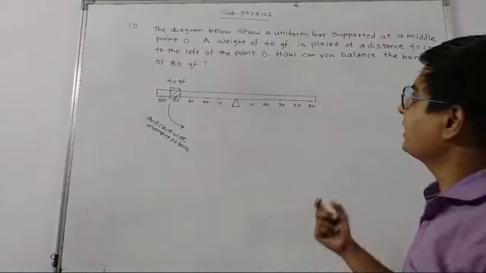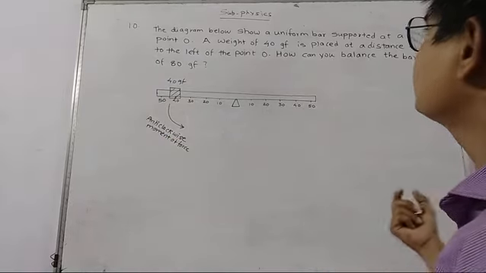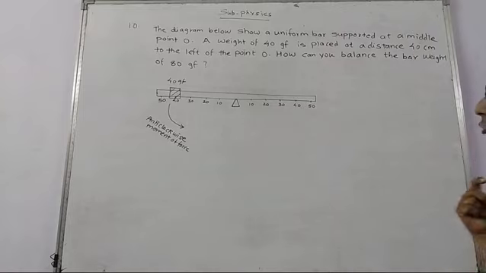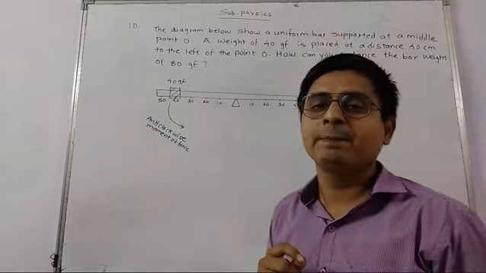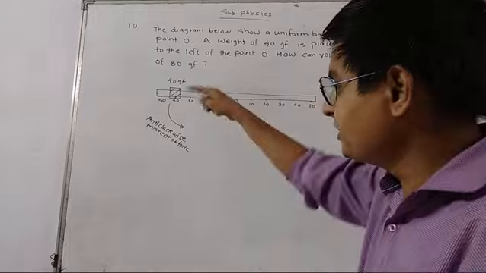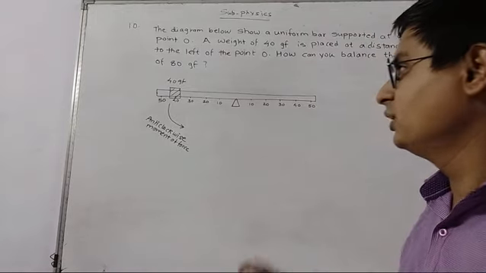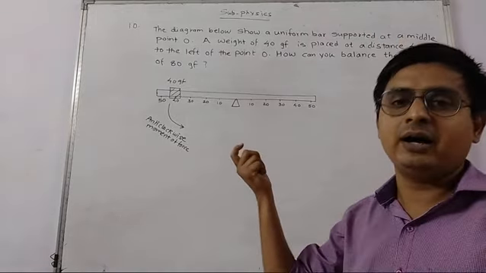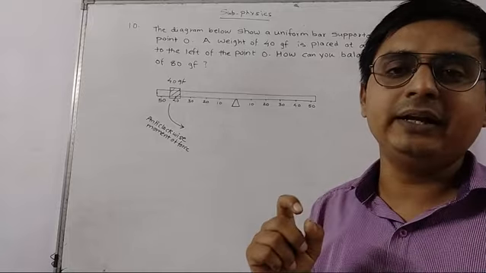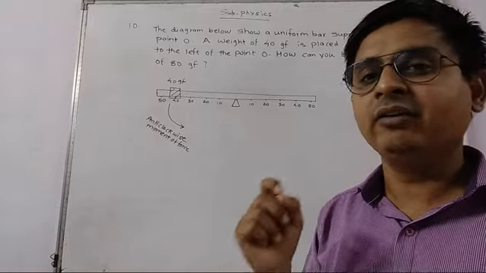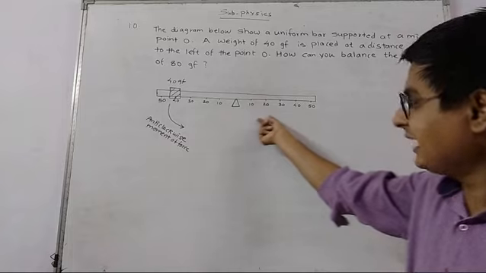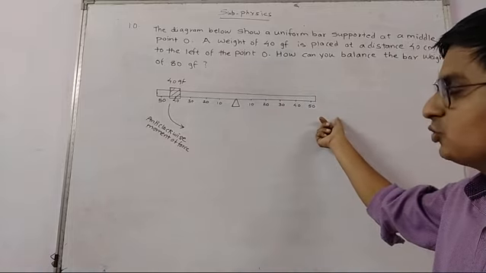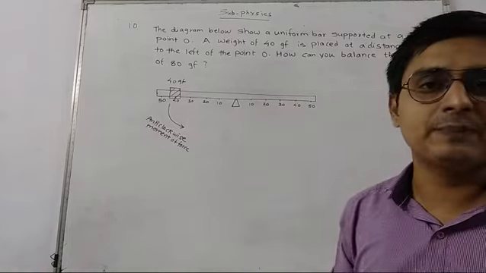So now they are asking, how can you balance the bar with the help of 80 GF? That means if it is producing an anti-clockwise force, to balance this supported bar, there is only one possibility: add certain weight to the right hand side of the bar so that it will be balanced.